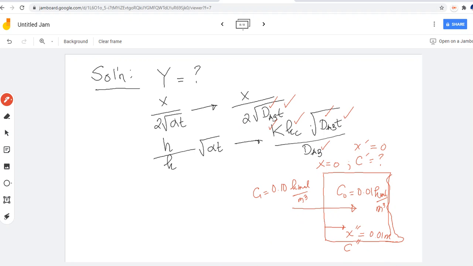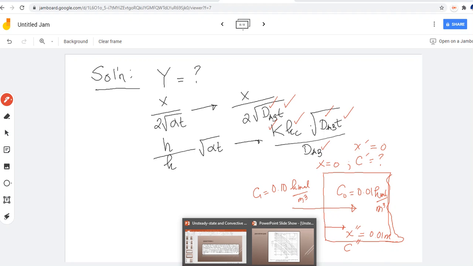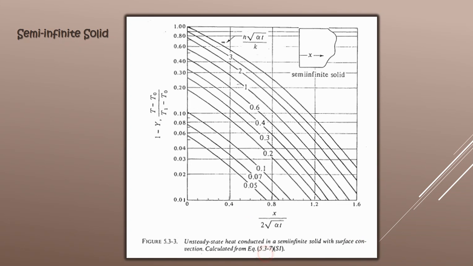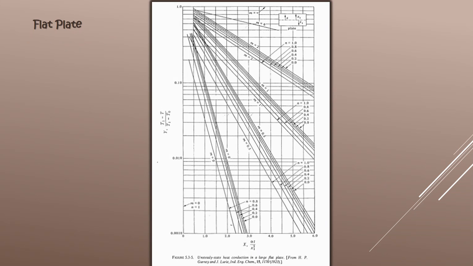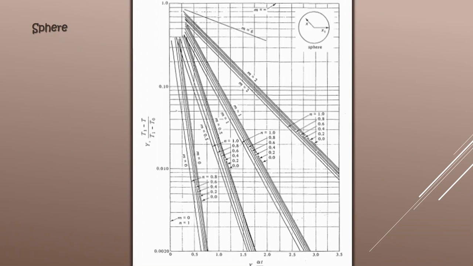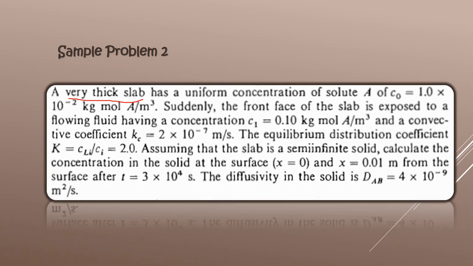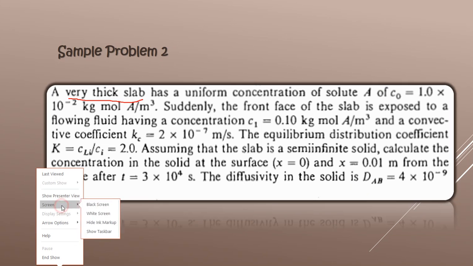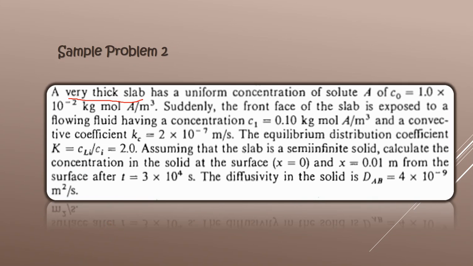So to check, let's say, what's the unknown? So we will know which one we need to solve first: calculate the concentration in the solid at the surface. So we need to first determine this, followed by the second scenario wherein x is equal to 0.01 meter from the surface. Okay, that's what we're going to do. So we'll start with that on the surface.